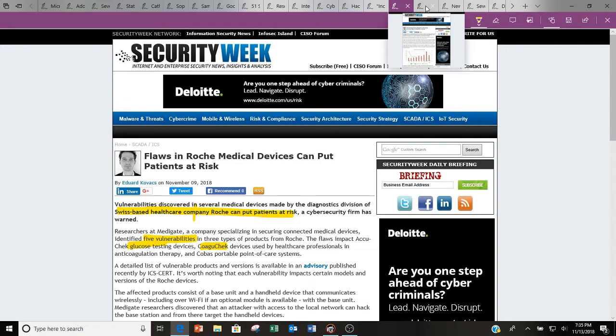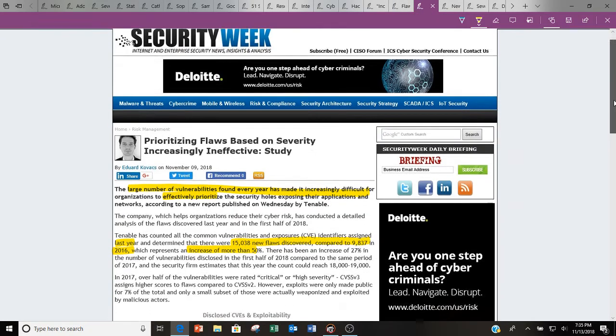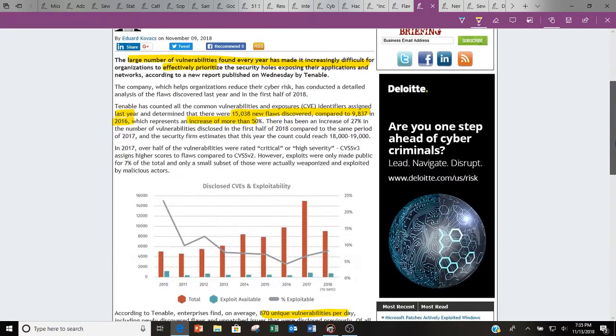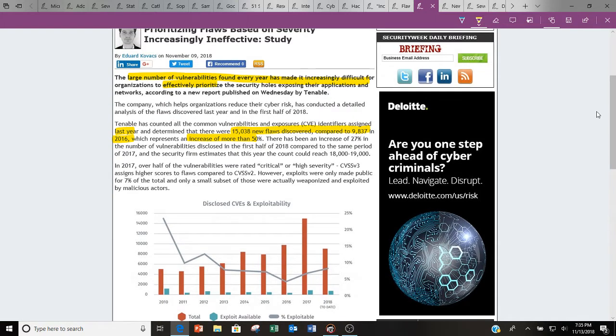Something to keep in mind, vulnerabilities are not just for operating systems of the big companies. It's anything that runs software code is a potential concern for a security hole.